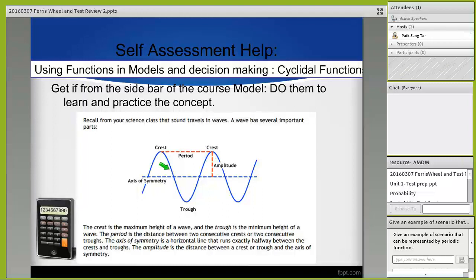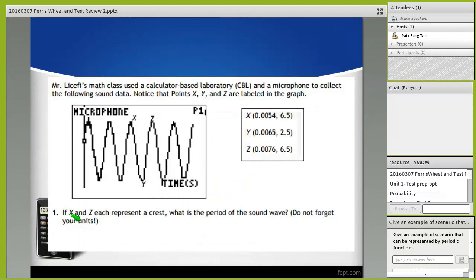To calculate the period of the sound wave, you calculate the time it takes from one crest to the next crest. To calculate the amplitude, you measure the height from the center line to the highest point, or the center line to the lowest point. Amplitude is how loud your voice is. The crest is the maximum height of the wave, and the trough is the minimum. And we just talked about this. Okay.